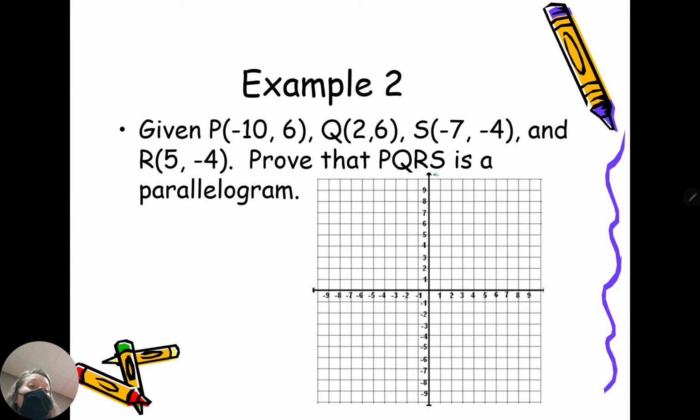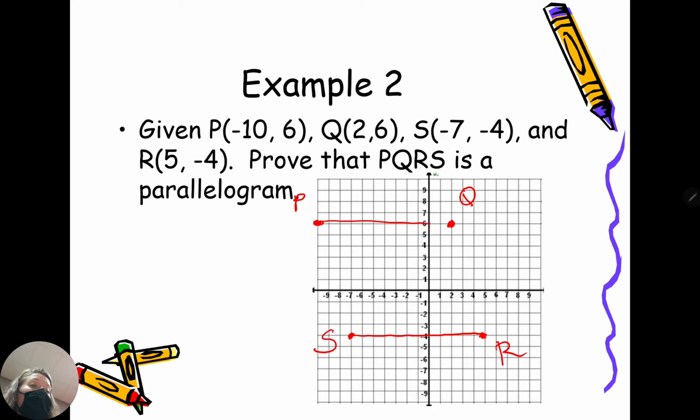So -10 to +6 is P, and then Q goes to 2, 6, and then we have S, which is -7, -4, and we have 5, -4. Should have probably labeled these Q, S, and R.